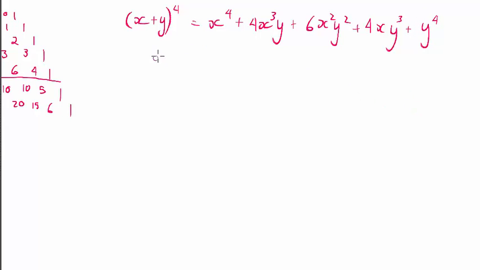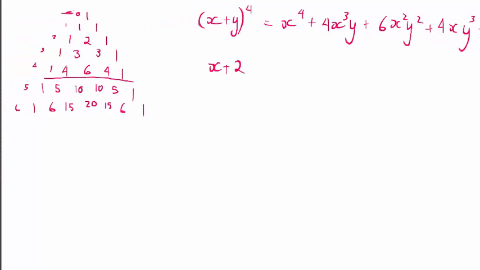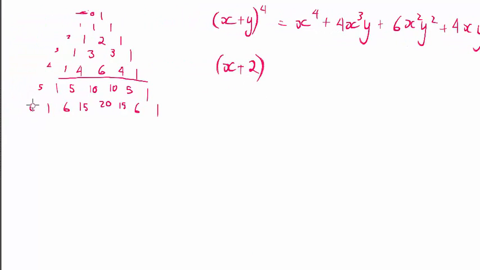You see? Okay. And it would be the same for something like x plus, let's say 2, if I were to put it to the power of 6. My first term would be x to the power of 6 with a 1 coefficient. Then it would be plus 6 times x, and now 2 also gets in, because instead of a y I have a 2, so 6 times 2 is 12, x to the power of 5.